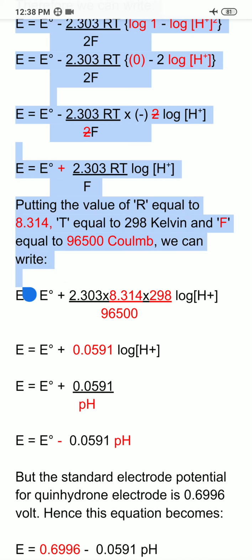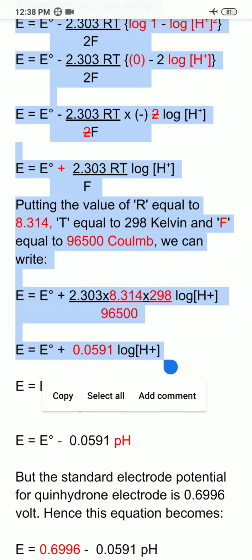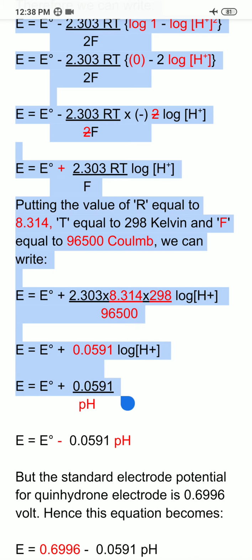So I can write E is equal to E naught plus 2.303 into 8.314 into 298 upon 96,500 into log H positive concentration, and this comes out to be E is equal to E naught plus 0.0591 log H positive concentration, and E is equal to E naught plus 0.0591 upon pH.